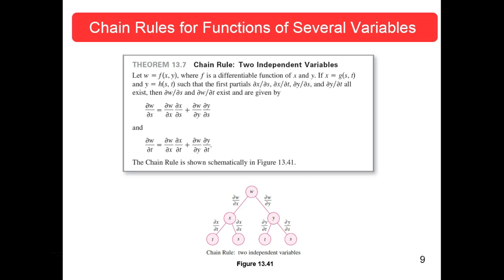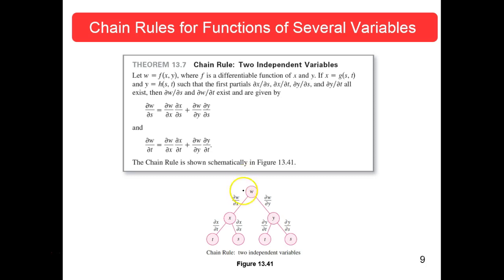The partial of w with respect to x times the partial of x with respect to t, plus the partial of w with respect to x times the partial of x with respect to s. That's what we had here. And partial of w with respect to y times the partial of y with respect to t, plus the partial of w with respect to y and partial of y with respect to t. The problem with this diagram is it pieces together.